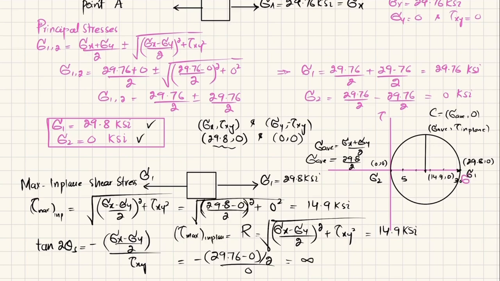So it means that 2 theta s is equal to tangent inverse of infinity. So 2 theta s is equal to 90 degree, and if you want to find theta s, theta s is equal to 45 degree or minus 45 degree. Clear?